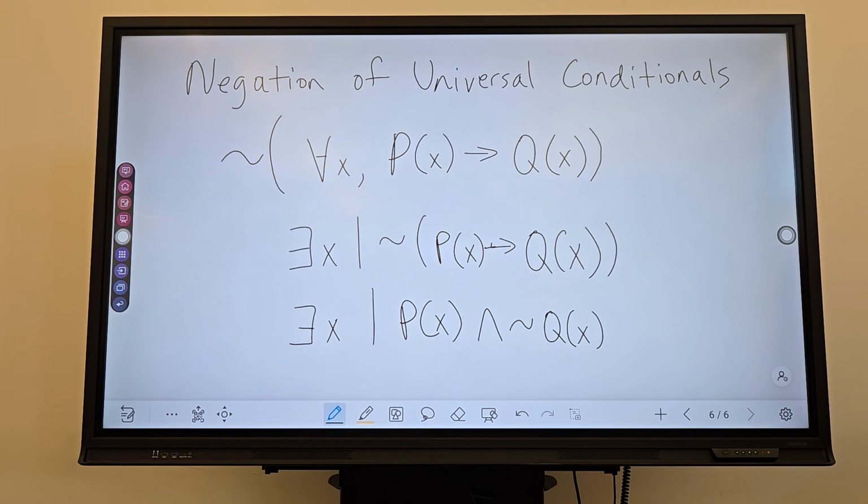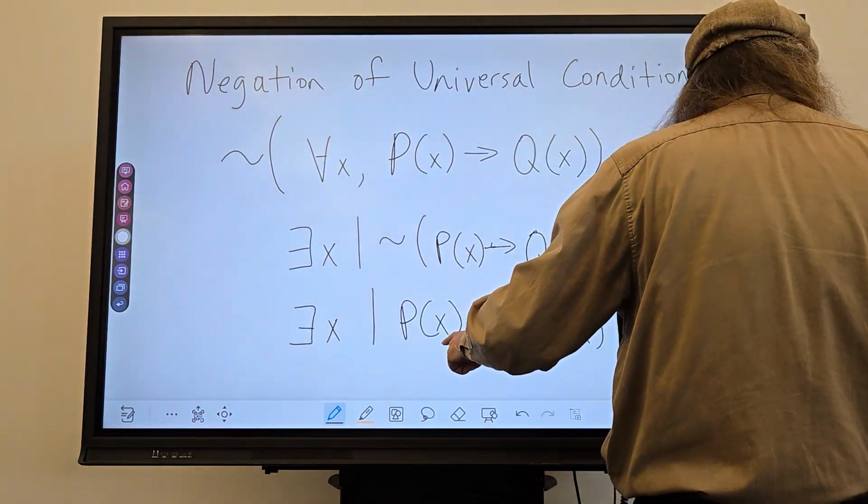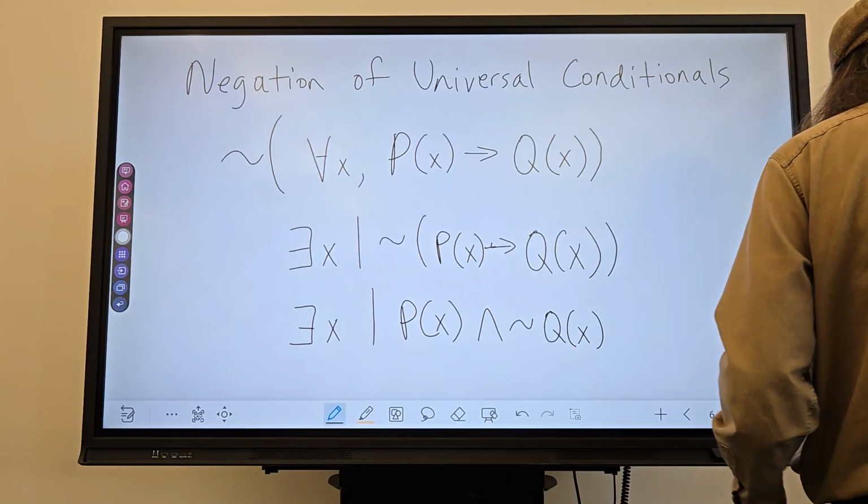Okay, what is the negation of the following statement? For all persons P, if P is blonde, then P has blue eyes. The negation would be there exists a person that has blonde hair but does not have blue eyes.